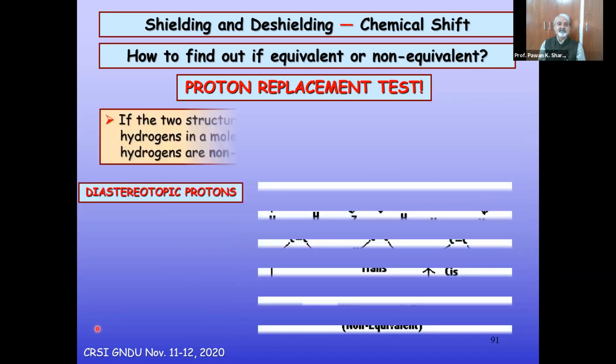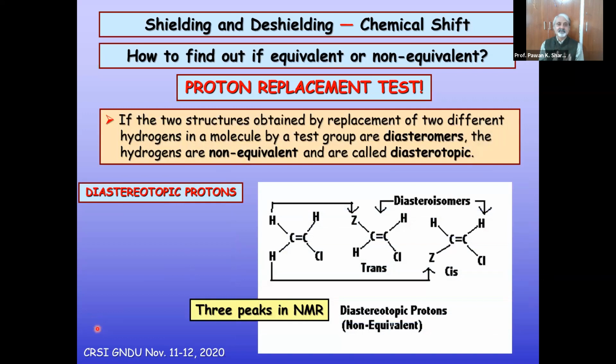On the other hand, if the structures obtained by replacement of two different hydrogens in a molecule by a test group are diastereomers, then the hydrogens are non-equivalent. For example, in this case, one is trans, one is cis. So both these hydrogens are non-equivalent because now we are getting diastereomers. So we'll get three peaks here, 1, 1, 1.